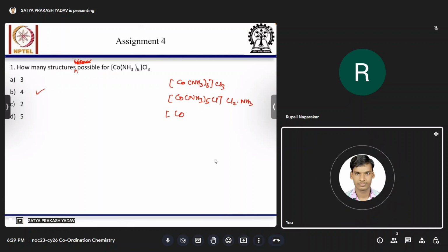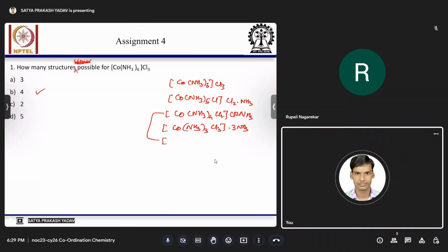It can be Co(NH3)4Cl2 Cl·2NH3. It can be Co(NH3)3Cl3·3NH3. There is one more possibility. Here two possibilities: one will be the cis, another will be the trans.